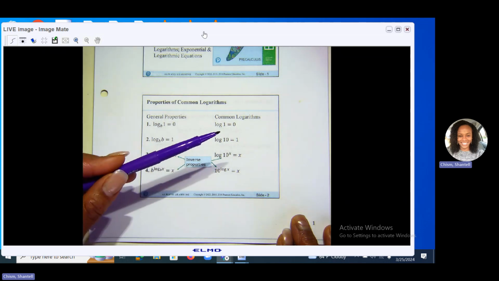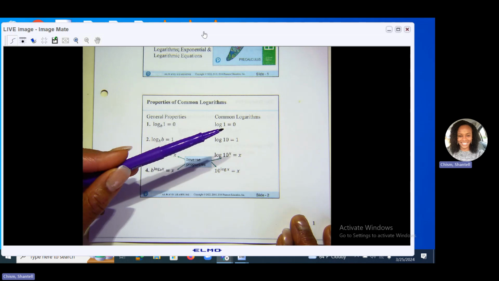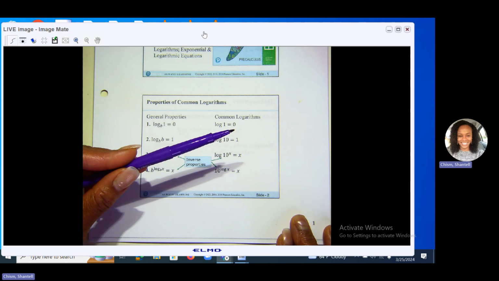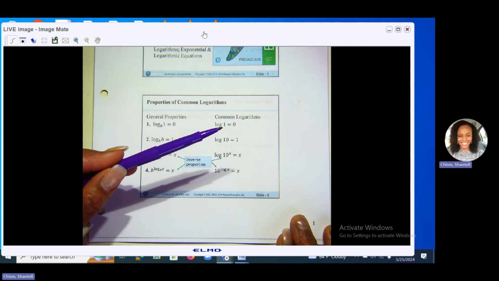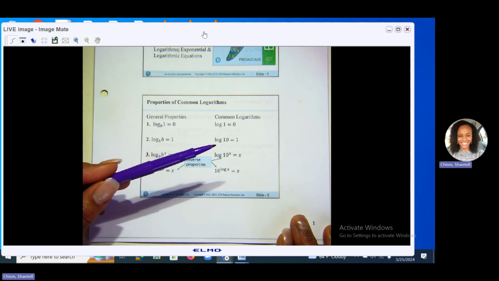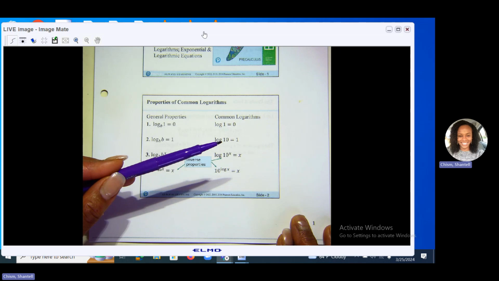Here, you would have a base 10, again, similar to this. It's just that the base is not shown, and when it's not shown, it's understood to be a 10. So 10 raised to the 0 power would be 1. Or in other words, log base 10 of 1 is equal to 0. Here, log of 10 equals 1. So this is where you've got a base 10 log.